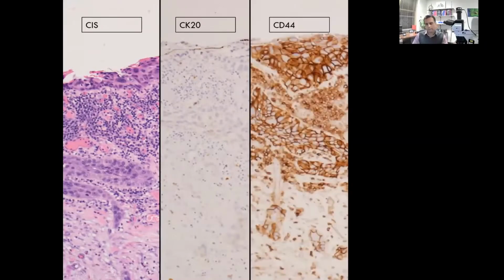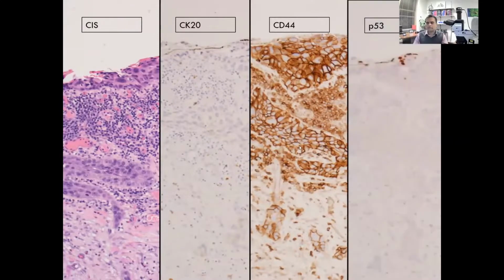So it's quite unexpected. So here, you would expect CD44 to be negative in a carcinoma in situ situation. But in this case, not only is the carcinoma in situ staining so strongly, even the invasive component is staining. And then finally, P53 is not staining at all.